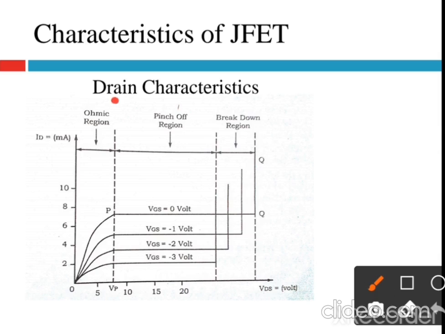The first region is the ohmic region. In this region, the drain current ID increases linearly with the increase in drain to source voltage VDS, obeying Ohm's law. You can see in this graph that ID increases linearly with VDS.